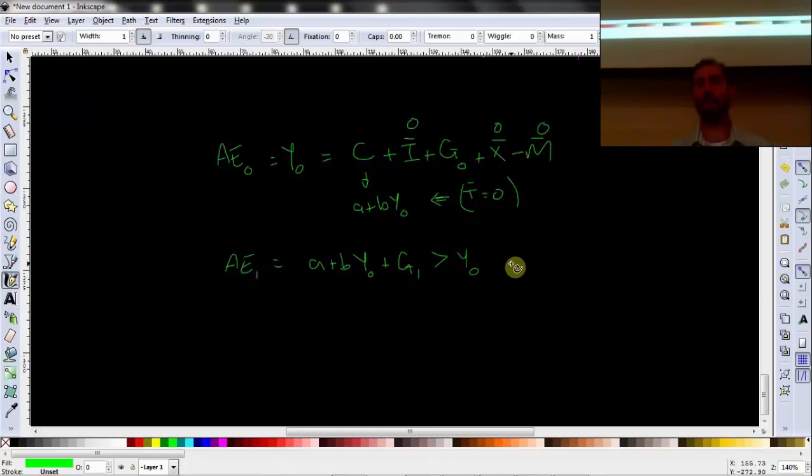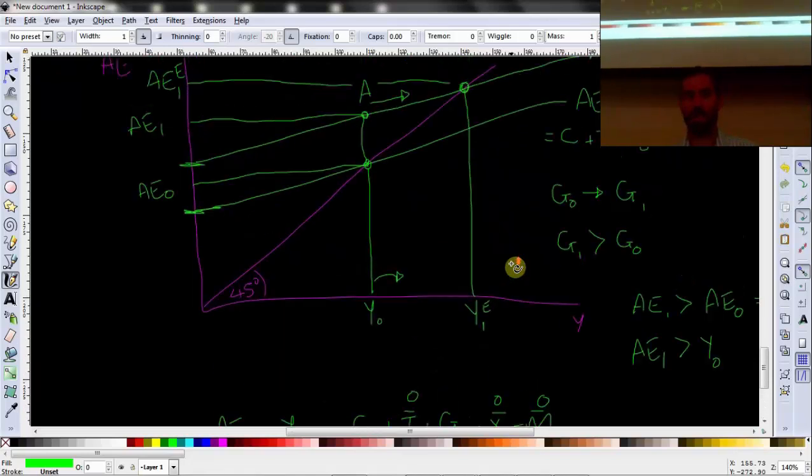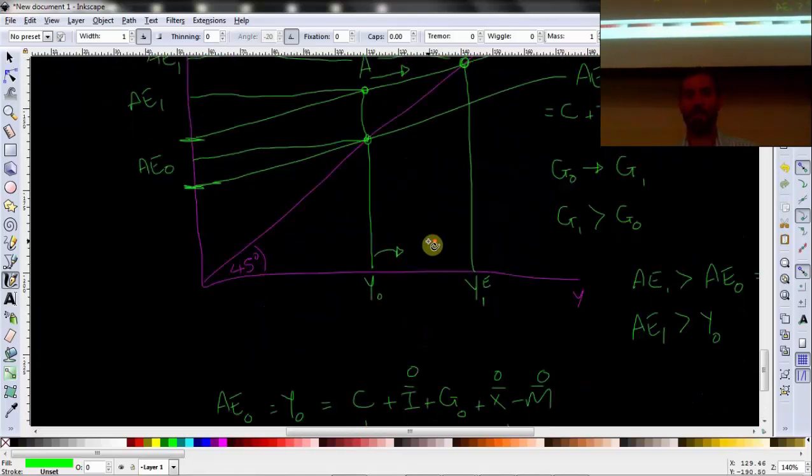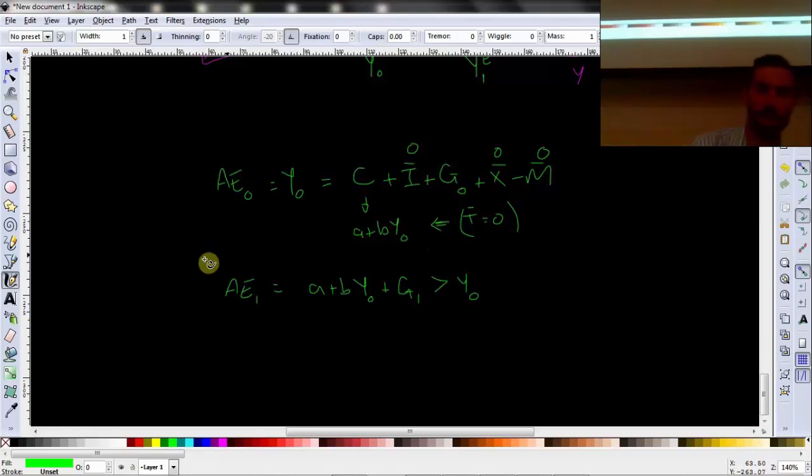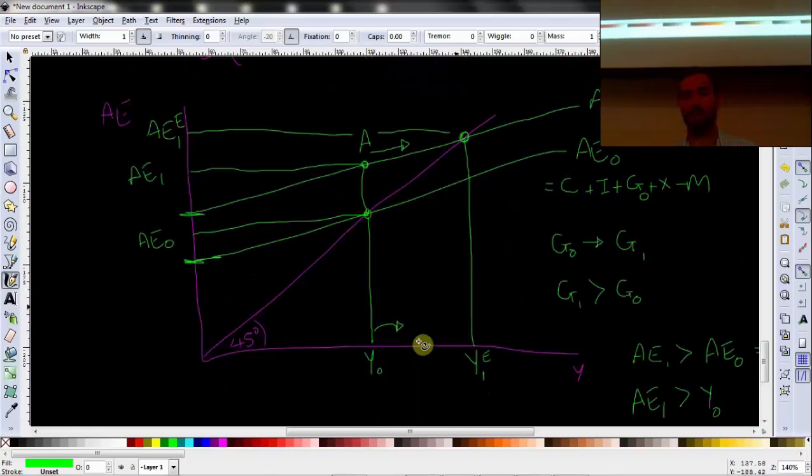Therefore, we are not in equilibrium. That is what we know about our point A. So this was point A. We had some level of aggregate expenditure associated with G1, which was greater than the level of output Y0.